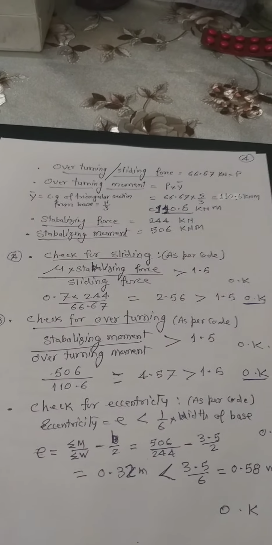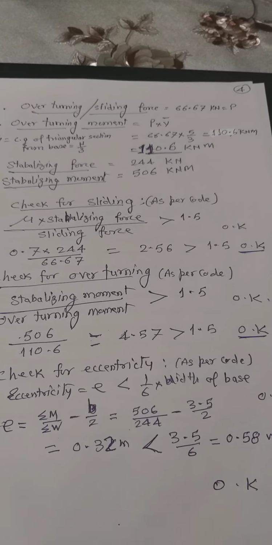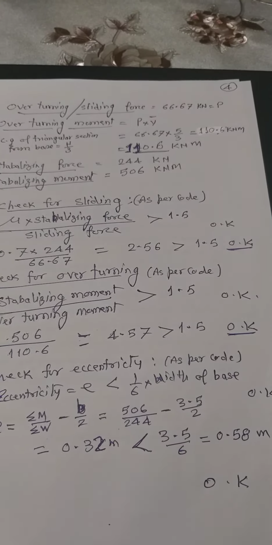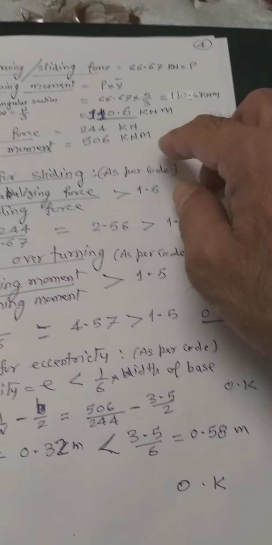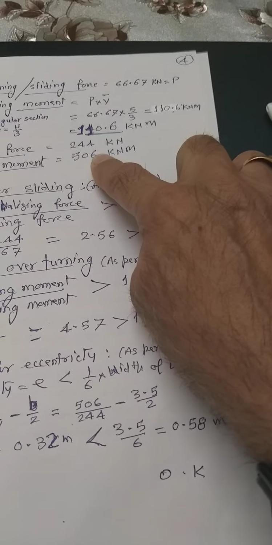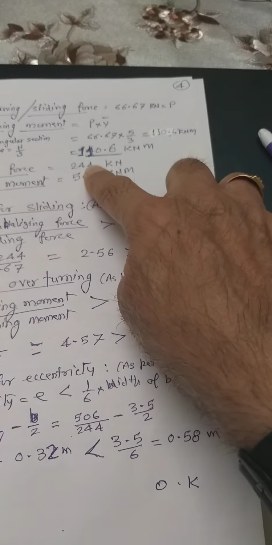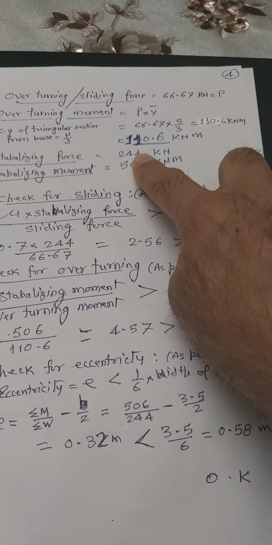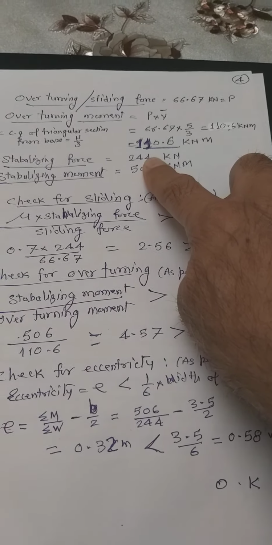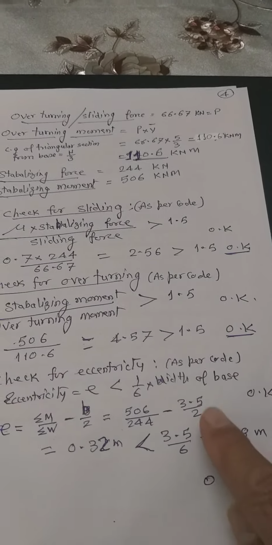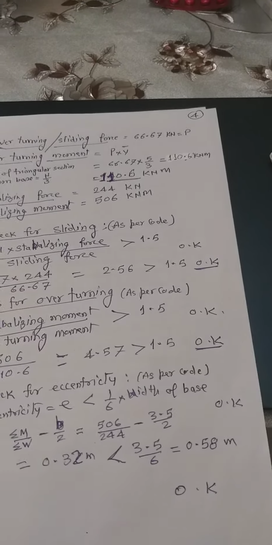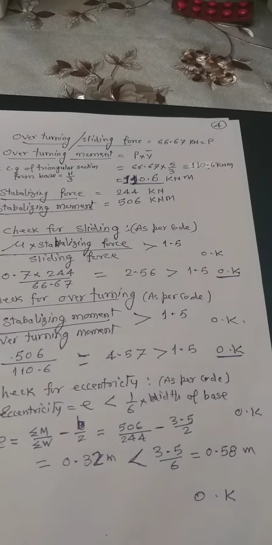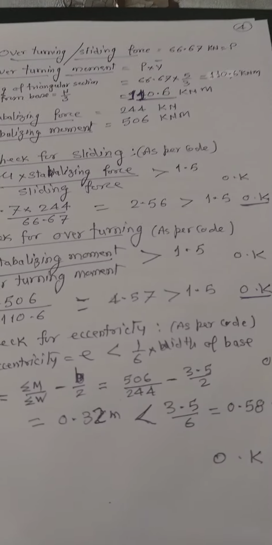Now to calculate the eccentricity, we know sigma M upon sigma W minus B by 2. Sigma M is 506, that we have already seen over here. Sigma W is nothing but 244, and the width of this base is 3.5, so 3.5 by 2, it comes out to be 0.32, which is less than B by 6.